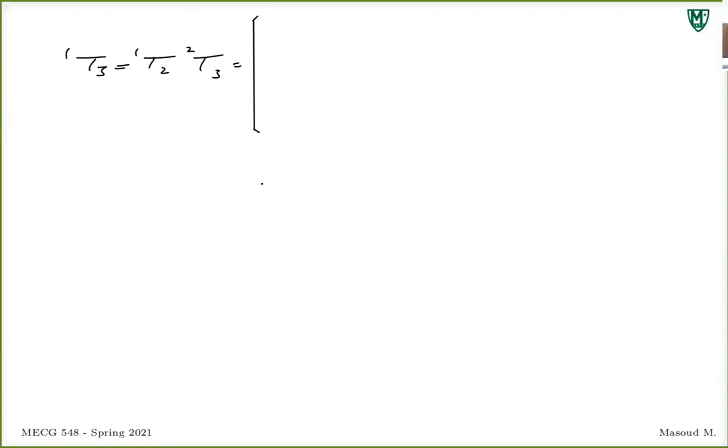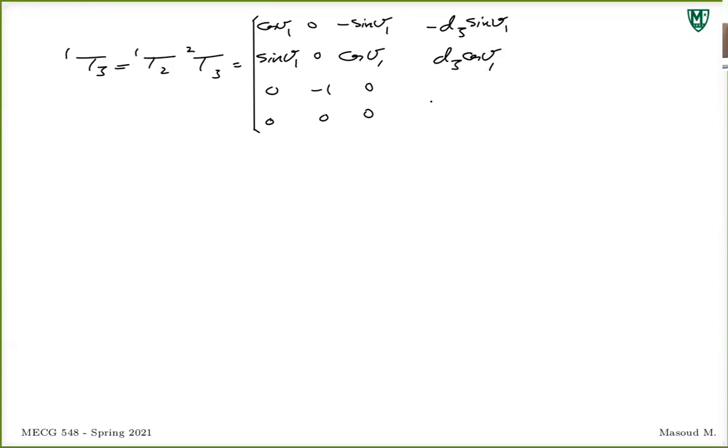If you do that multiplication, I'll give you the final answer. You can check. Basically, 0 comes here, cosine V1, 0, minus sine V1, sine V1, 0, cosine V1, 0, minus 1, 0, 0, 0, 0. And I think the last column becomes minus D3 sine V1, D3 cosine V1, D2, and 1.